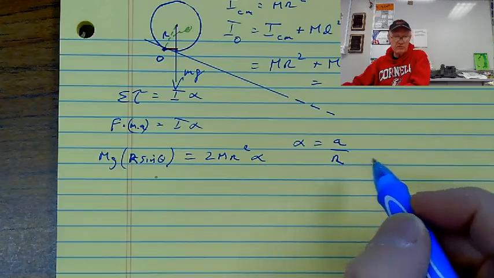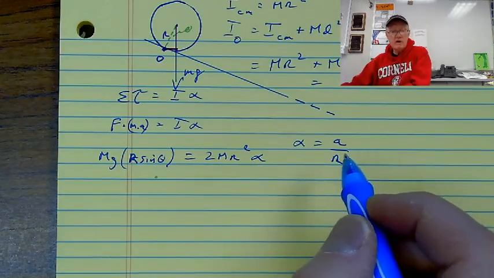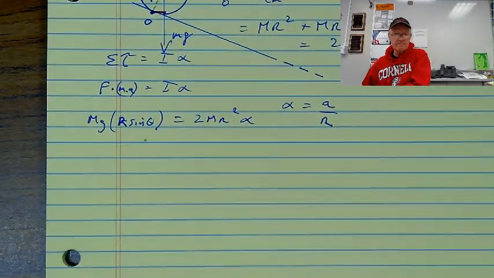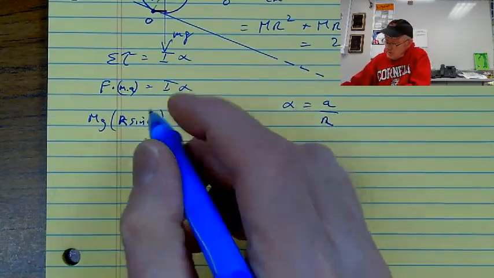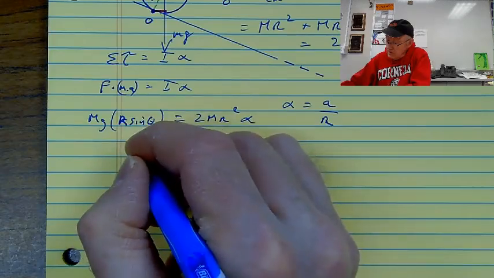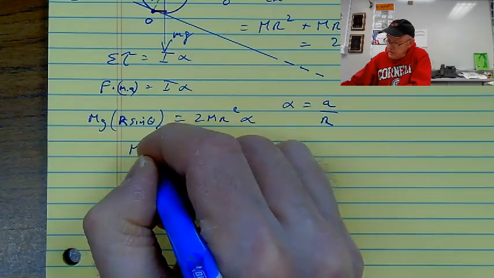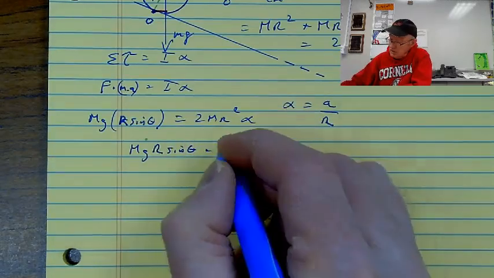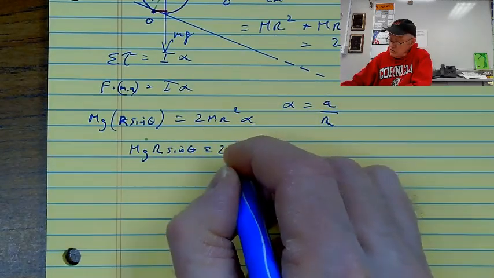That's almost always worth a point in scoring. So let's clean this up one more time and move over here away from my red borderline. Mg R sine theta is equal to 2mr squared a over R.